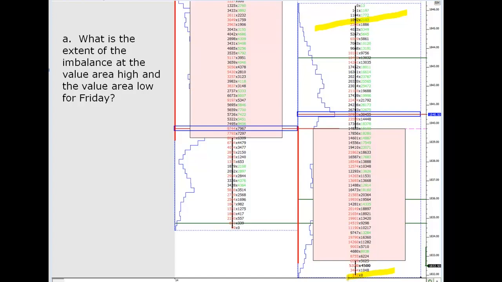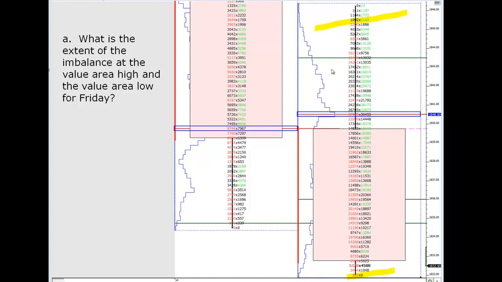As I will show you, you will be able to extract some valuable information from this 1440 period. And the first question that we want to look at here is, what is the extent of the imbalance at the value area high and the value area low of this 1440 period?